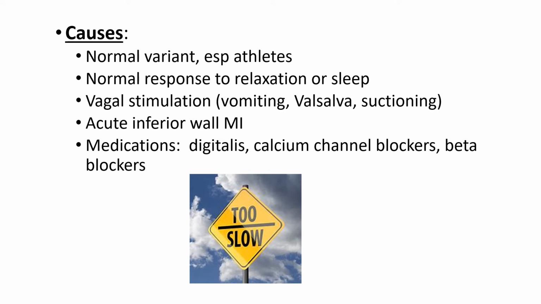Other causes are digitalis, calcium channel blockers, or beta blockers. These are examples of medications that can slow the heart rate a little bit too much, when we're trying to maintain adequate cardiac output or decrease the ventricular rate because it's too fast, or suppress some kind of arrhythmias. And they're on these medications, so sometimes we have to monitor to make sure that the patients are not getting over-medicated.